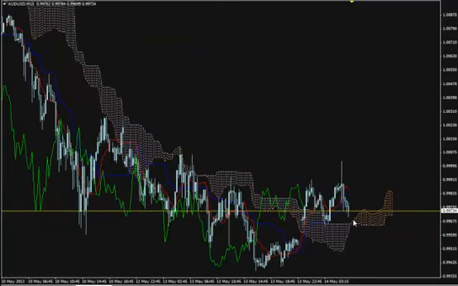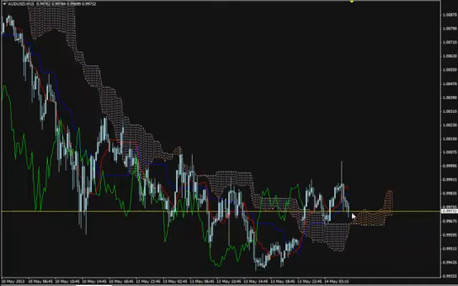So what we are waiting to see, if this move is just a correction, which means that it's going to fail at any moment, and the downward move is going to resume.